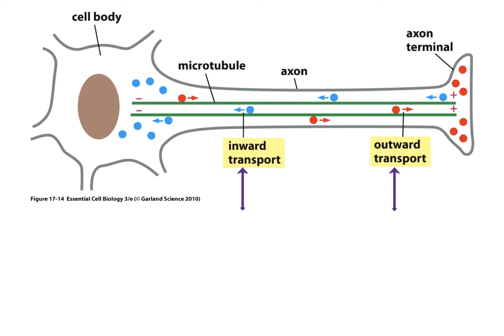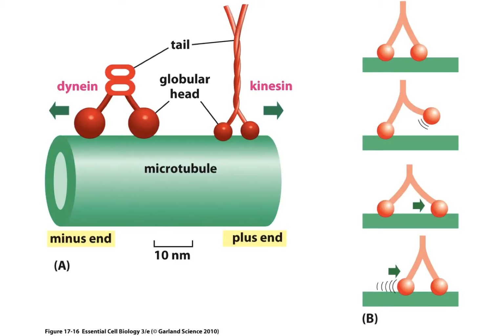So there's an inward transport using some microtubule motor proteins, and there's outward transport from the cell body to the axon terminal using different motor proteins moving along the microtubules. There are several types of these: dynein, which only moves towards the minus end, and kinesins, which only move towards the plus end.